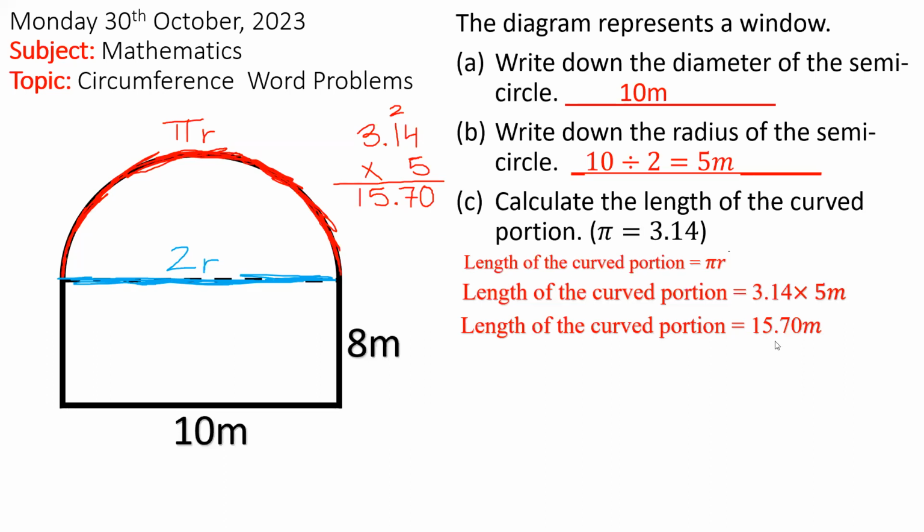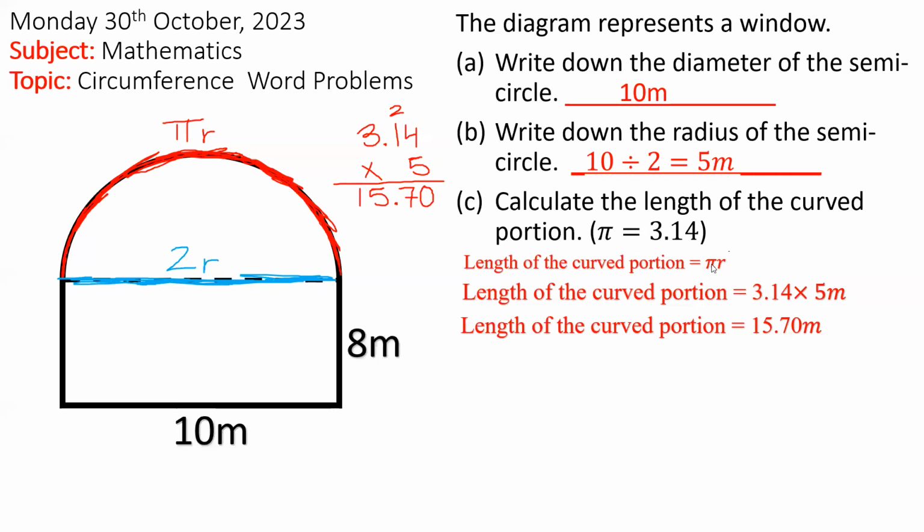Waterfall, can you explain how we got 15.70? What did we do? Can you explain how we got 15.70 meters? Pi is equal to 3.14, so we use that.